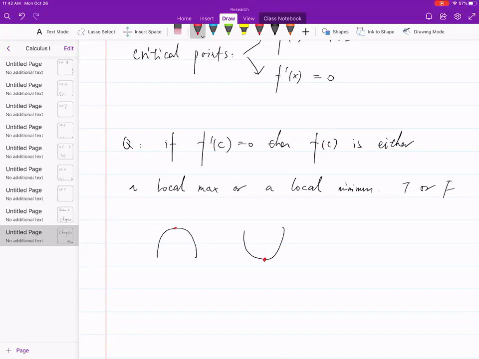Who thinks it's true? Just click yes. Who thinks it's false? Click no. And I think the reason for true is obvious, right? It's like, yeah, here are the cases. Take a look. It's true.